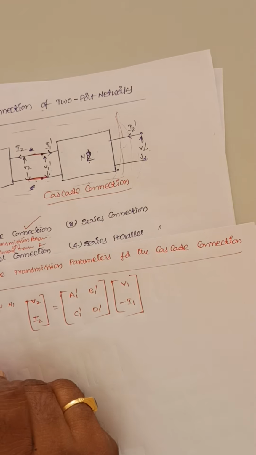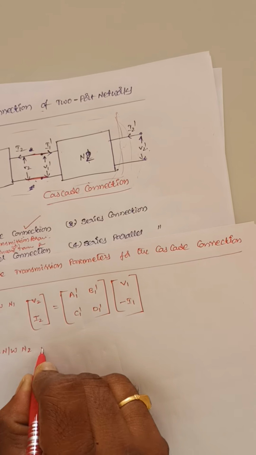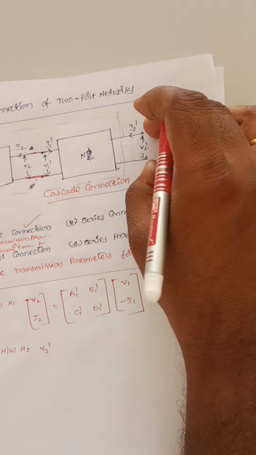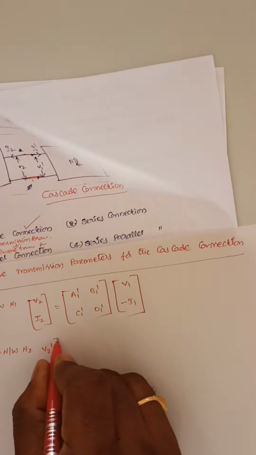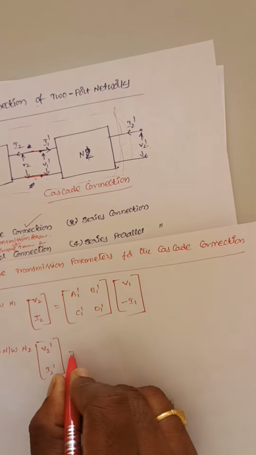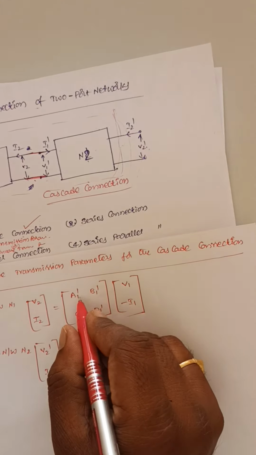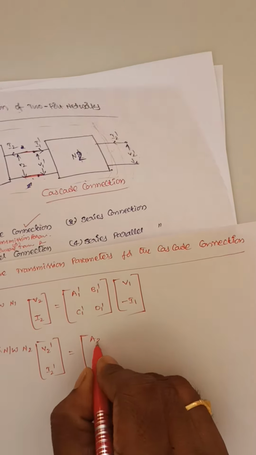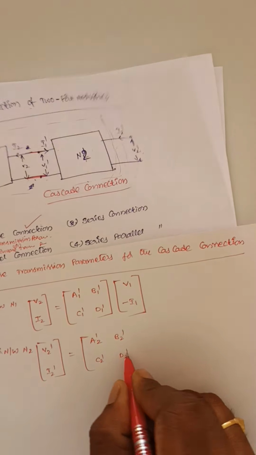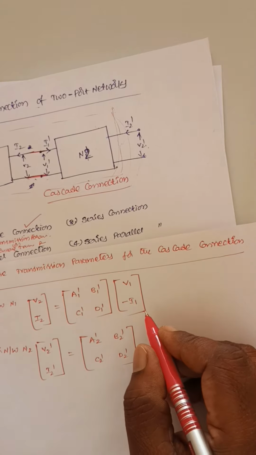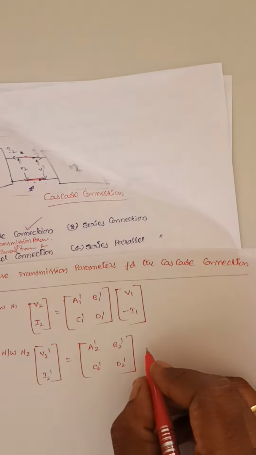Next, for network N2, the output voltage and current are V2 dash, I2 dash, equal to this one. Let us assume A2 dash, B2 dash, C2 dash, D2 dash are the inverse transmission line parameters for this network N2.